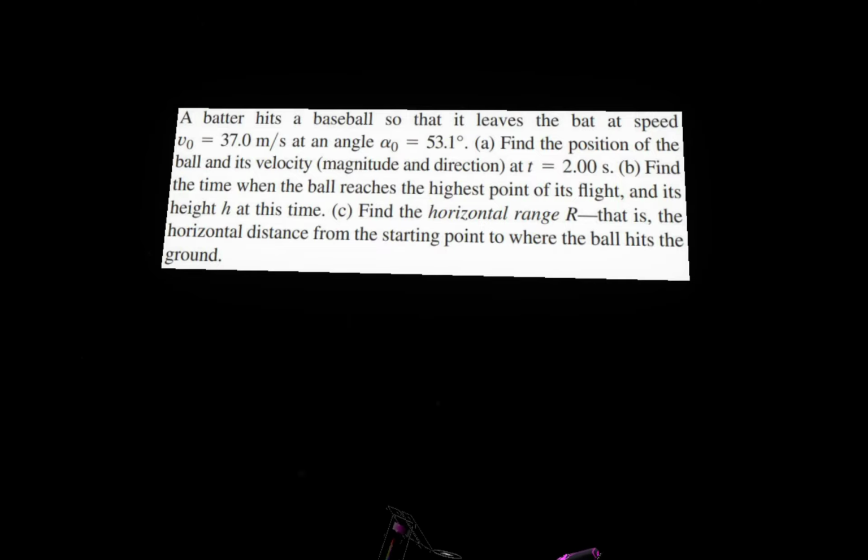At speed, v naught equals, see, they're nice to you. They give you v naught, but if it didn't tell you v naught, you would know that when it leaves the bat, that's the moment it becomes a projectile. And so that's talking about time equals 0. And speed is the magnitude of velocity. So v naught is equal to 37.0 meters per second.